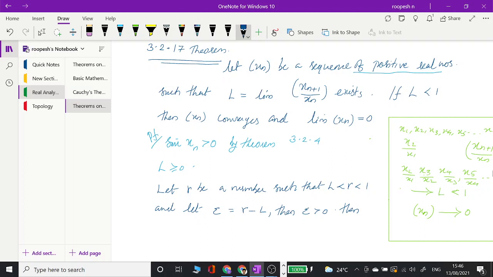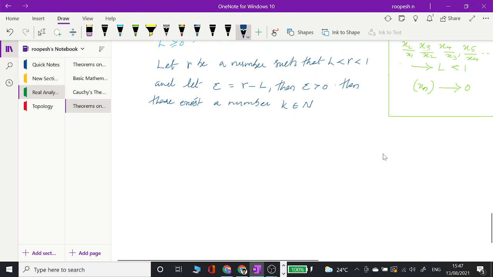Then there exists a number k belonging to N, the set of natural numbers, such that if n is greater than or equal to k, then modulus of x n plus 1 by xn minus L is less than epsilon.